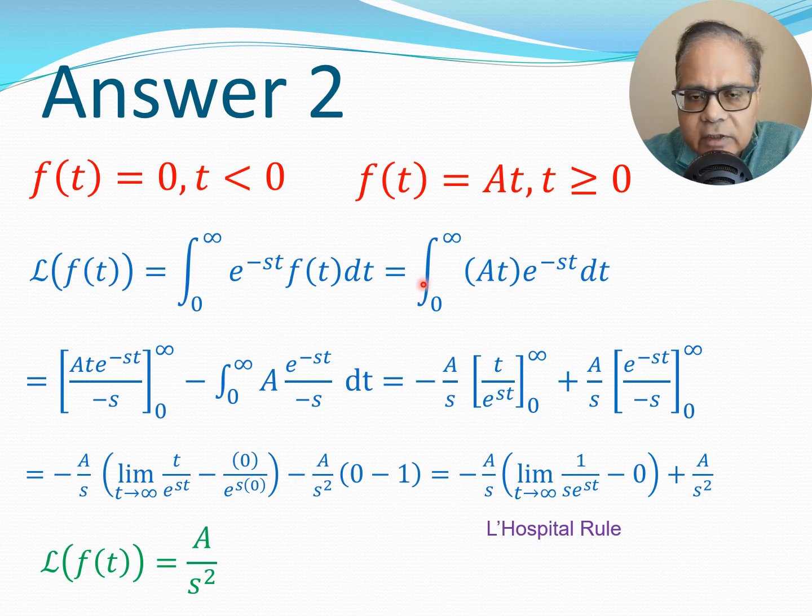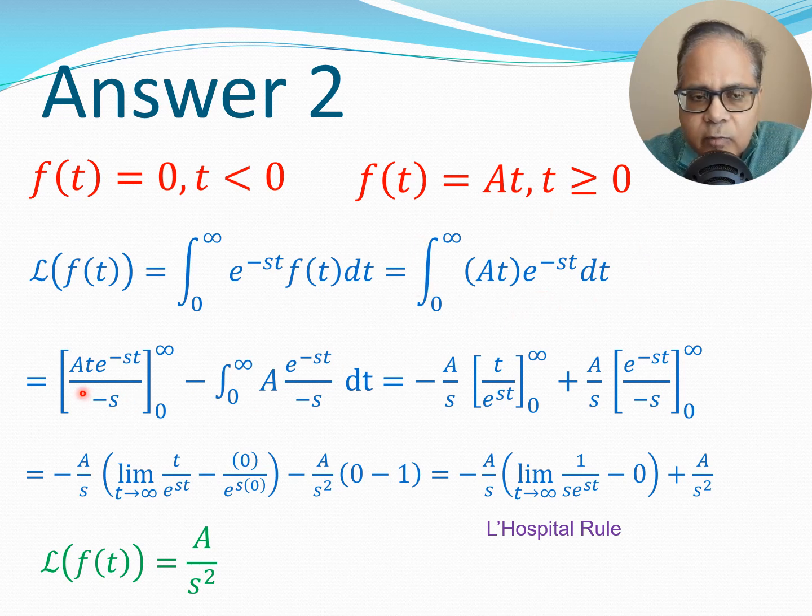Now looking at this integration problem, you know this is something which can be solved by the integration by parts formula. So if we look at that, we have a function here at, that's the first function. We have the function e to the power minus st, that's the second function. So now let's try to calculate this particular integral.